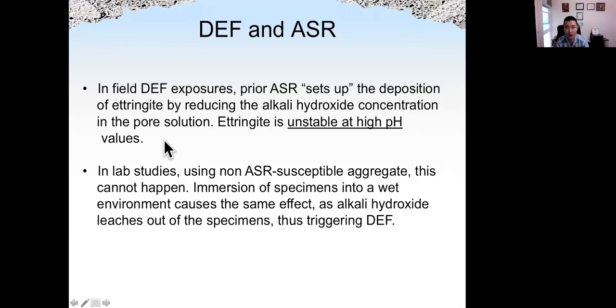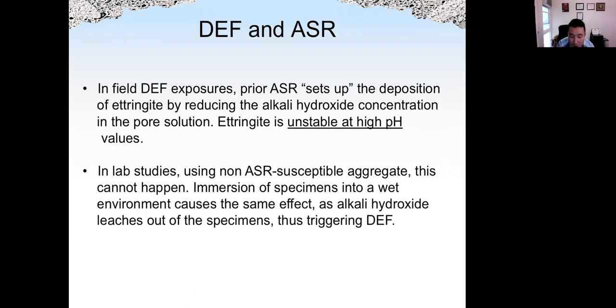So here we talk about the correlation between DEF and ASR. Why the prior ASR before DEF will set up the formation of ettringite. Okay. So prior ASR will set up the deposition of ettringite, okay, because ASR will consume alkali. Okay, remember for ASR, it is the reaction between alkali in cement paste with reactive silica in certain types of aggregate. So during the ASR process, the alkali is consumed.